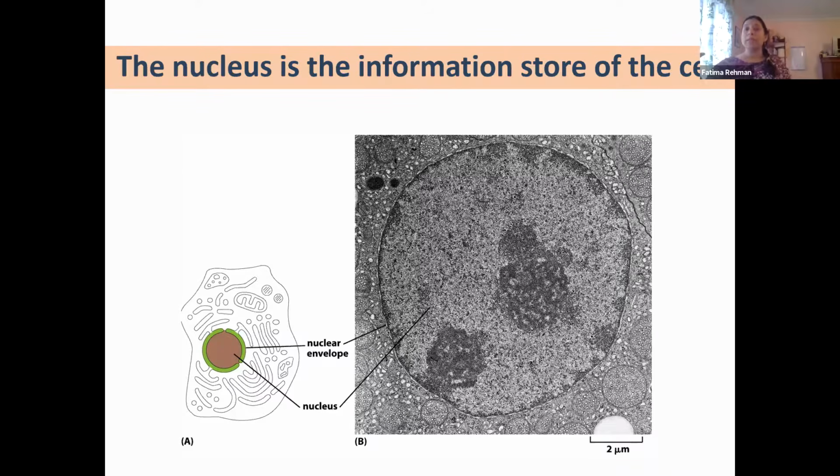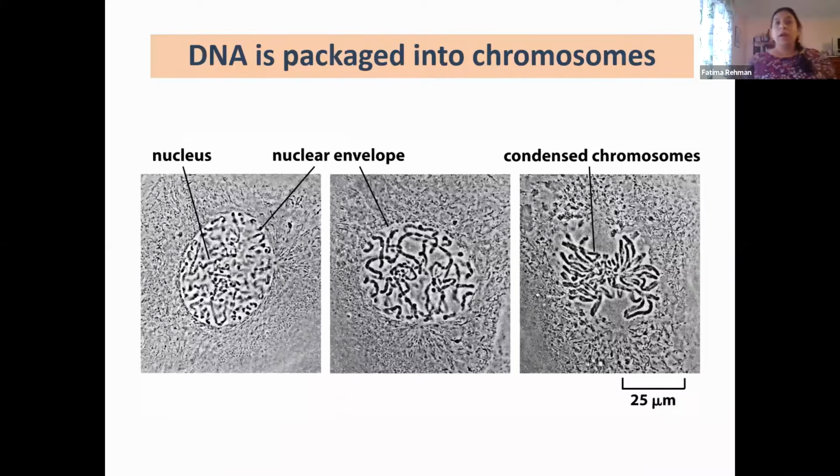So the nucleus is where you have your information for how to make the cell. The DNA inside, which is your information unit, your instruction book, is a long linear molecule, but it's going to be packaged into chromosomes and then repackaged with the help of helper proteins called histones, condensed inside the nucleus so that all of it can be packed in that little tight box.